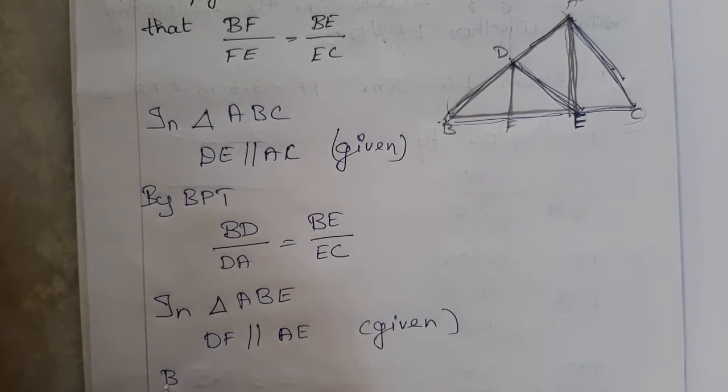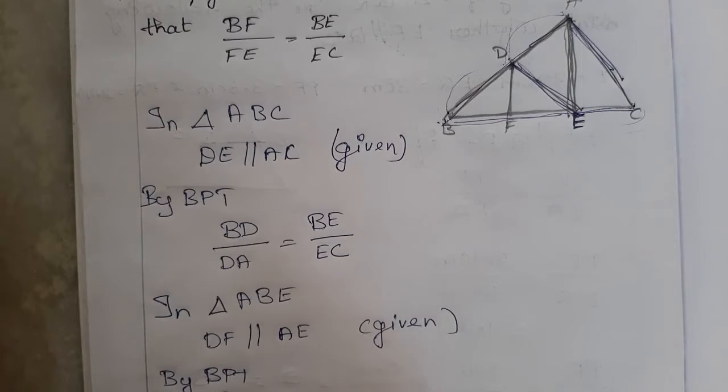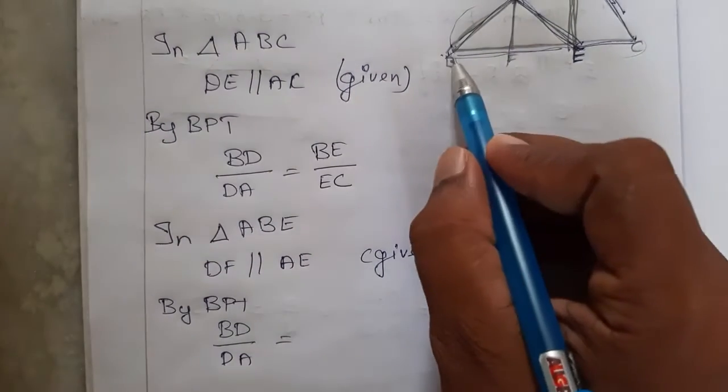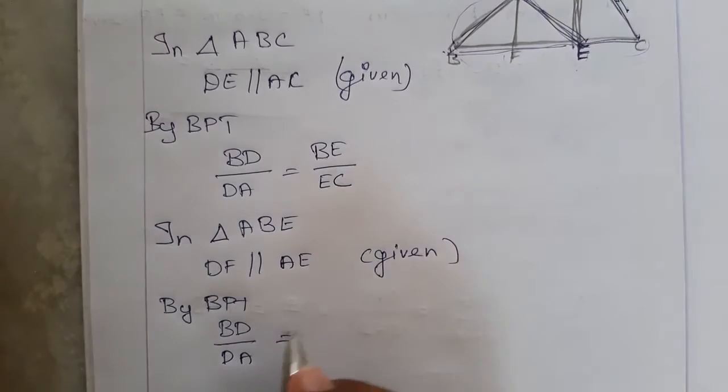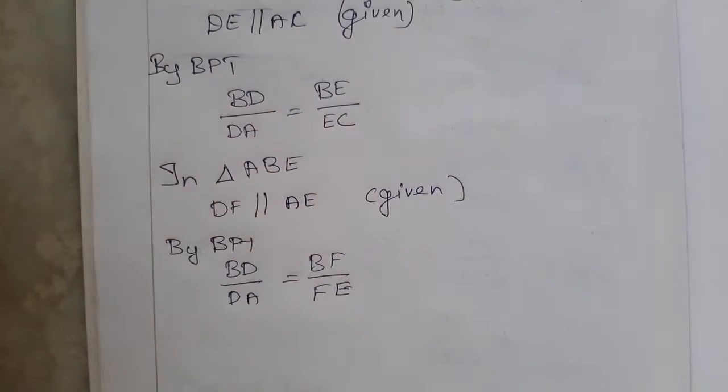Then by BPT, we can say that BD by DA is equal to BF by FE, right? So this is what we obtained.